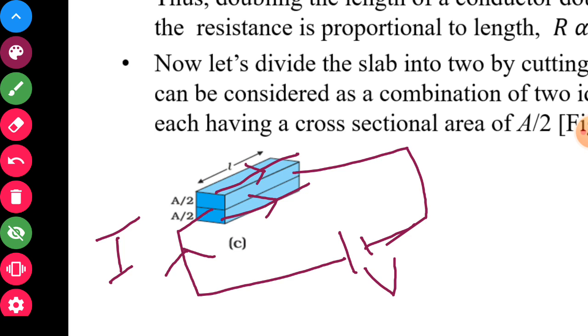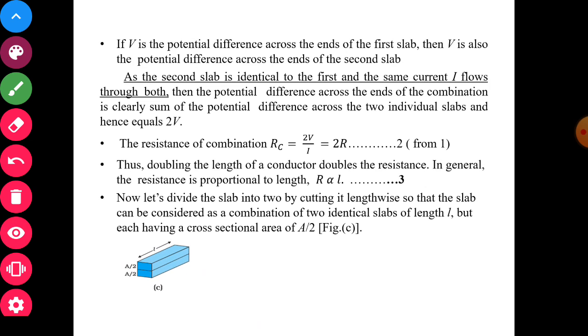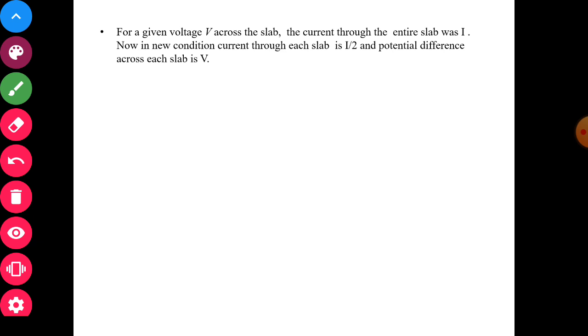This is shown in the next point: if it is divided into two, then the current is divided into two parts, I by 2, but the voltage remains the same.